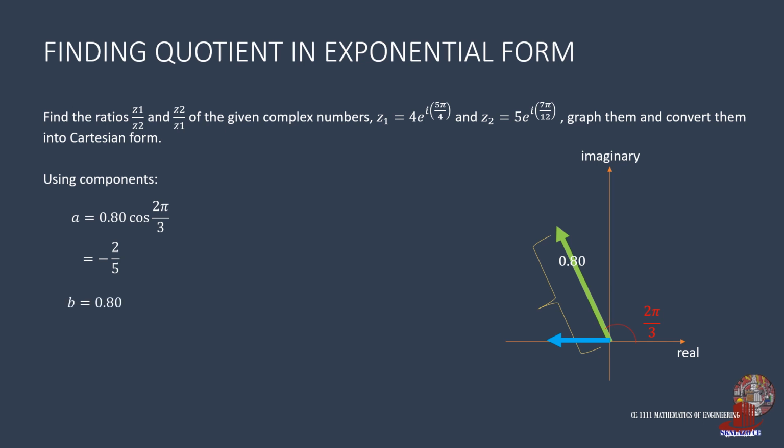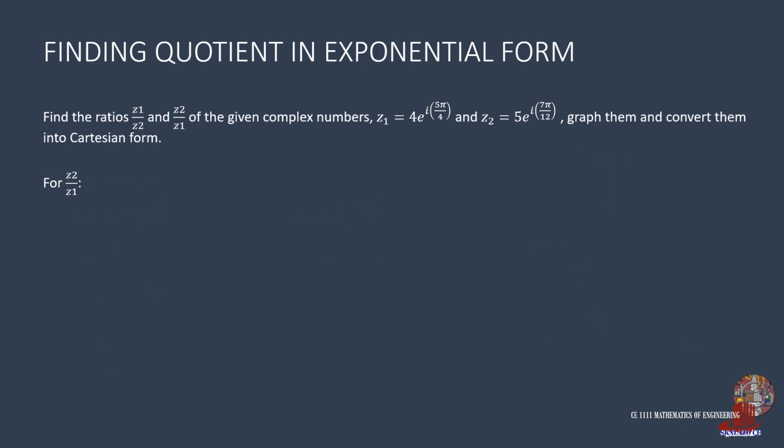The imaginary number is taken as 0.8 sine of 2 pi over 3, and that is 2 root of 3 over 5. So z is negative 2/5 plus 2 root of 3/5 of i. In decimal form, we get negative 0.4 plus 0.6928 i.